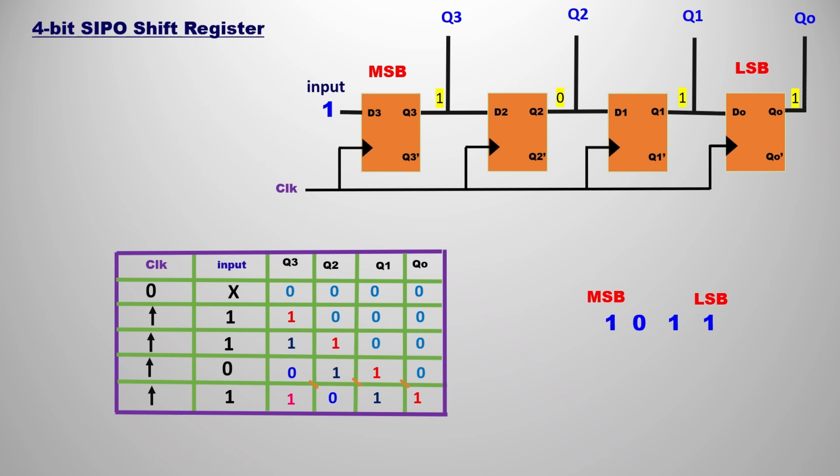You can observe that Q0 is popped out again, and the new one is coming to the last, that is Q0 as 1. So finally we got our required thing, that is 1011. I hope you understood the truth table, how you have to insert the given binary number into the SIPO flip-flops, and how we take the outputs Q3, Q2, Q1, Q0.